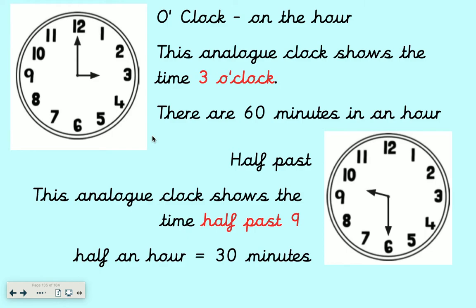Keep those in mind. Then half past, our long hand points towards the 6, indicating the half past or 30 minutes past, as we've just looked at on the previous clock. Now here, it is in between the 9 and 10. It's not quite at the 10 yet, so it still is classed as the 9. So the time is 9:30, okay?